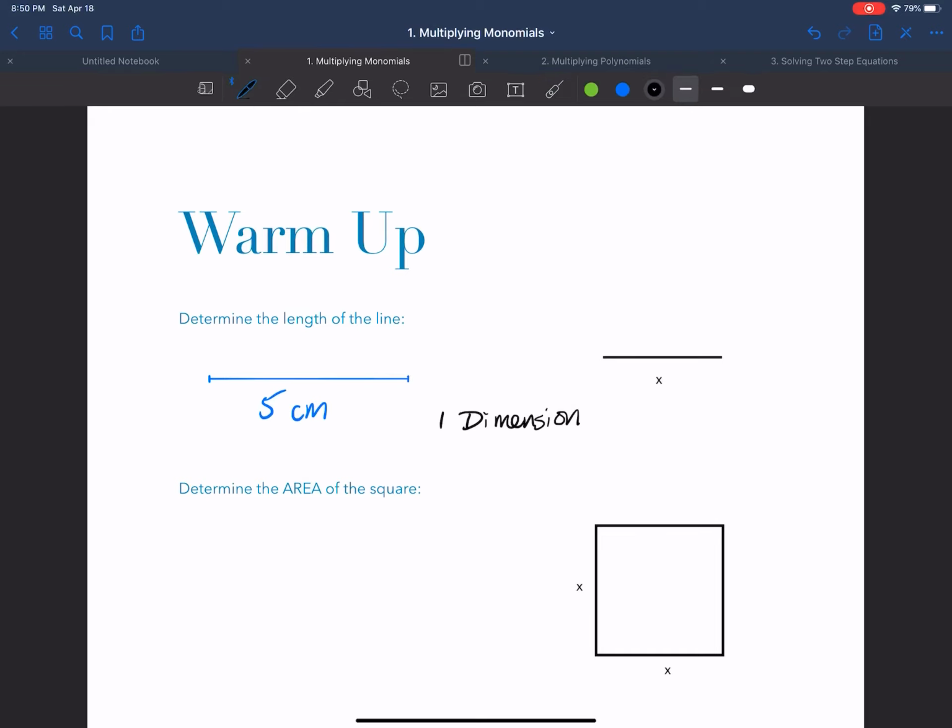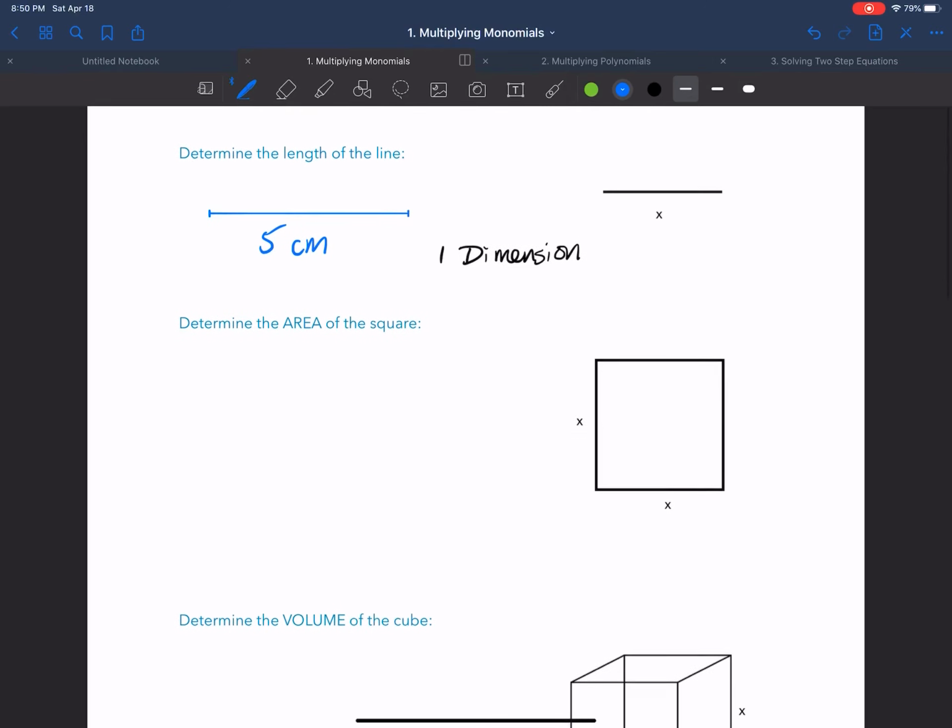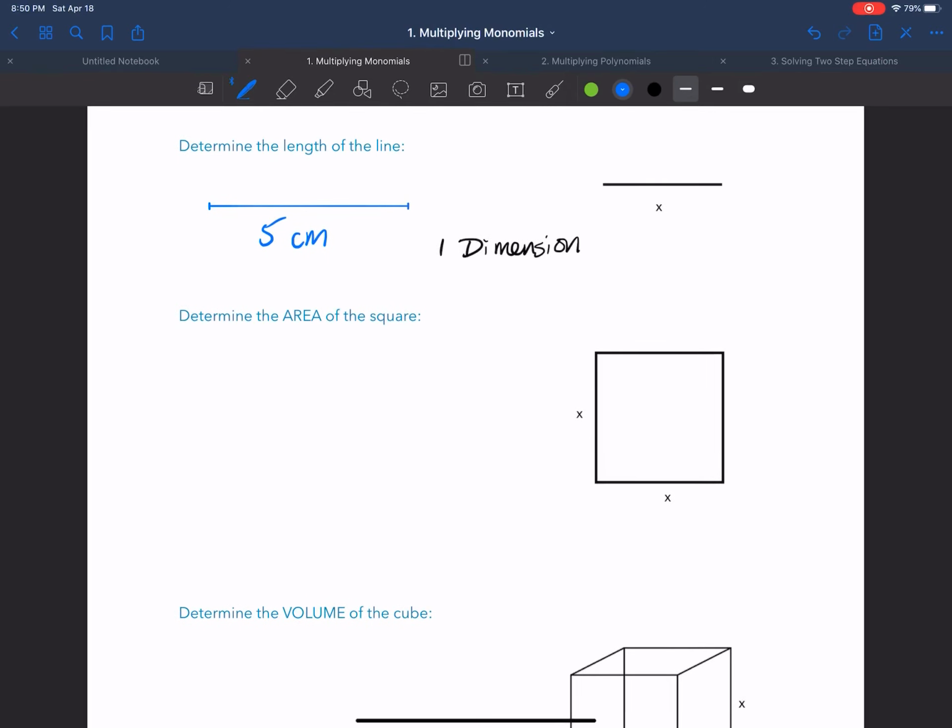Now, if I see what a square would look like, and let's see if I can make a square. Not bad. If this side was 5 and that side was 5, well, if I was going to find the area of this thing, that's just find the area, it would be 5 times 5, length times width.